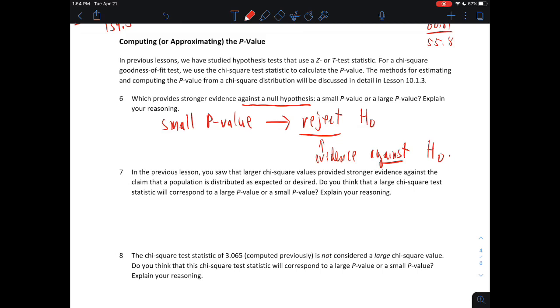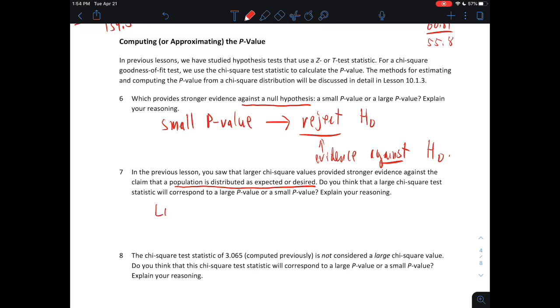So if we think about what we saw in the previous section, when you have a large chi-square value, it means that you have evidence against the population being distributed as expected or desired. The population being distributed as expected or desired, that's what your null hypothesis says.